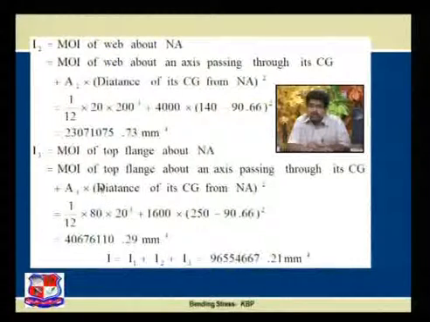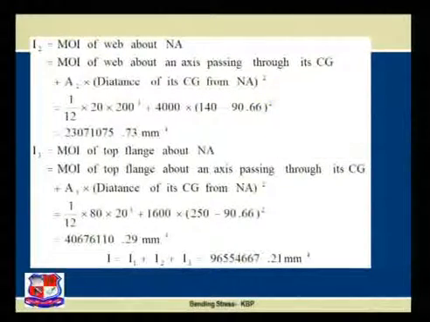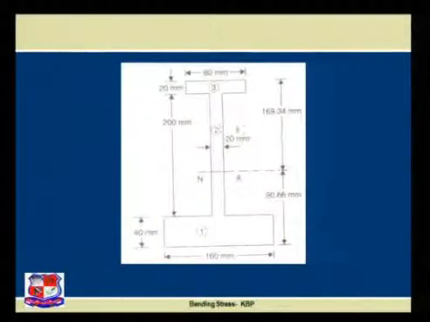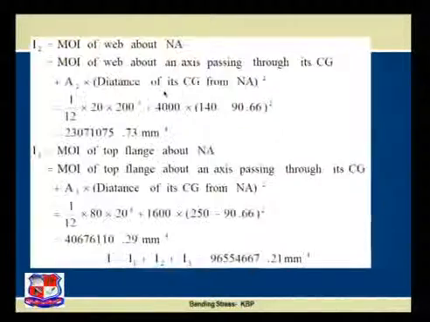The moment of inertia of the top flange about its CG is 1 by 12 B D cube. Referring to the previous figure, B is 80, D is 20, so 1 by 12, 80 into 20 cube, plus area into H square. Area is 80 into 20, that is 1600, into H3 square.